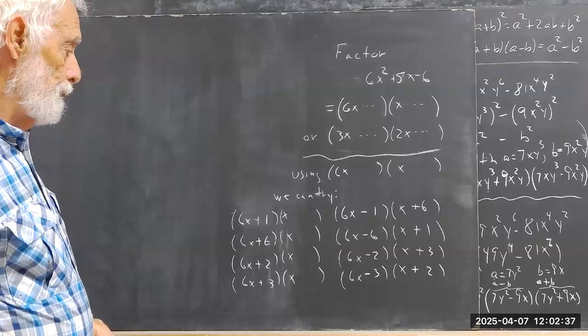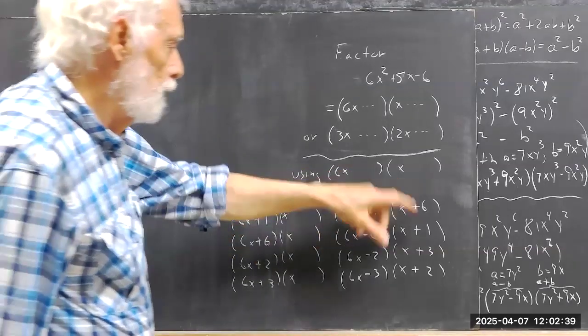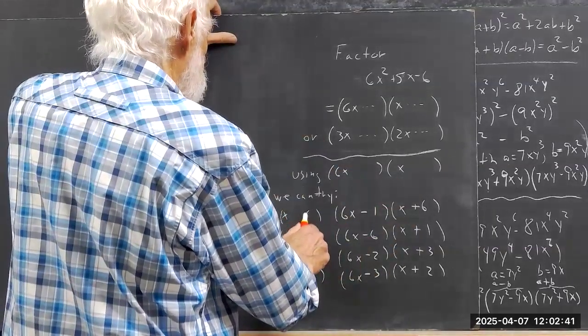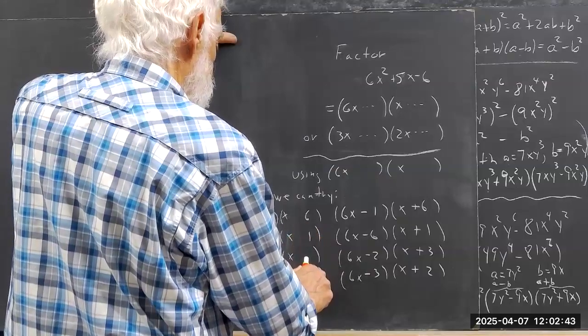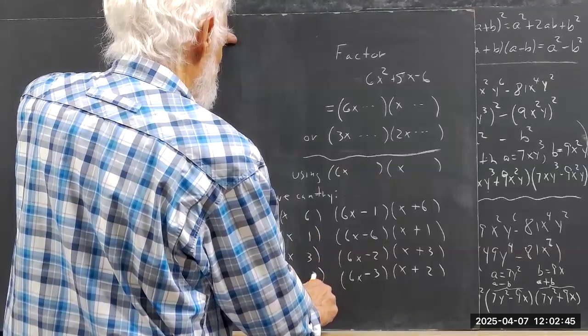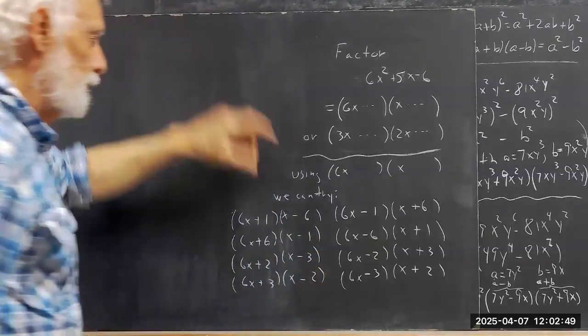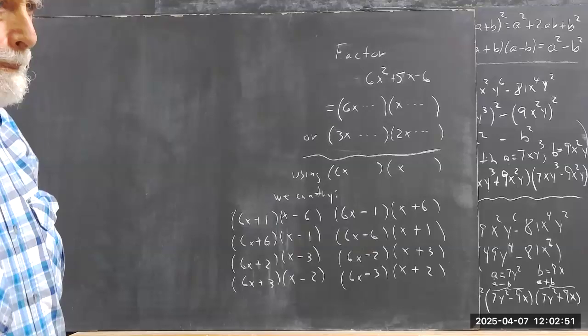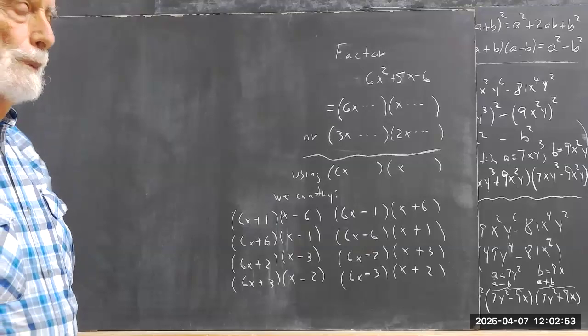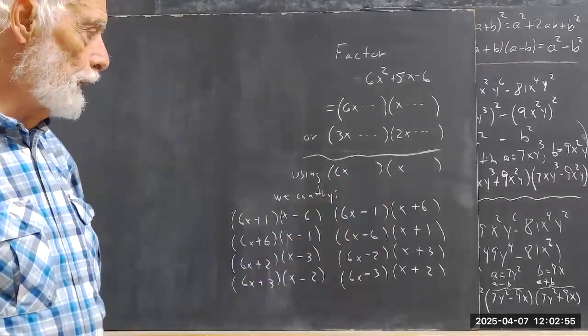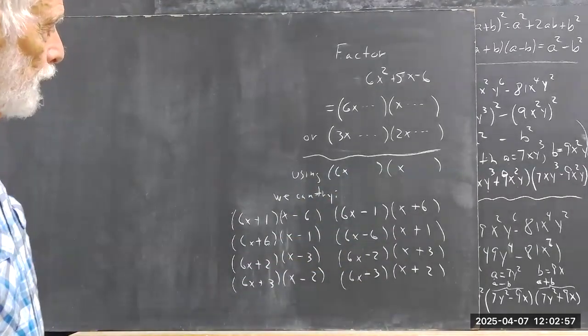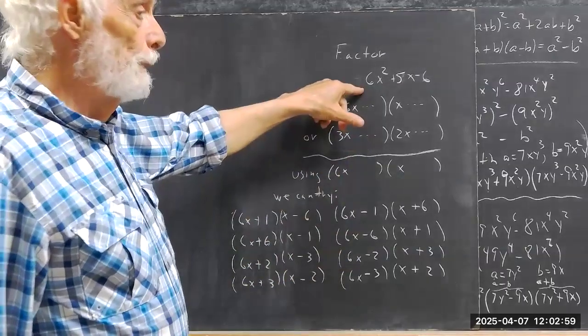Okay. And then over here, same numbers in the same order, so they're sure to multiply out to 6. But with minus, we get to -6. Like there's 8 possibilities. We can use a distributive law to check out every one of these possibilities, and hopefully one of them will match this.